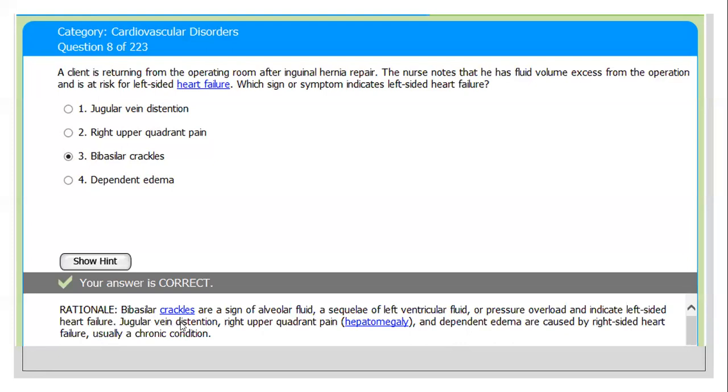Jugular vein distension, right upper quadrant pain, or dependent edema are caused by right side heart failure, right?